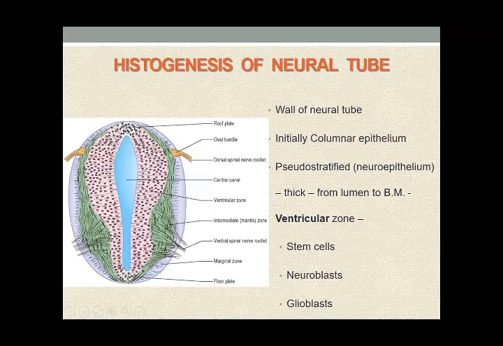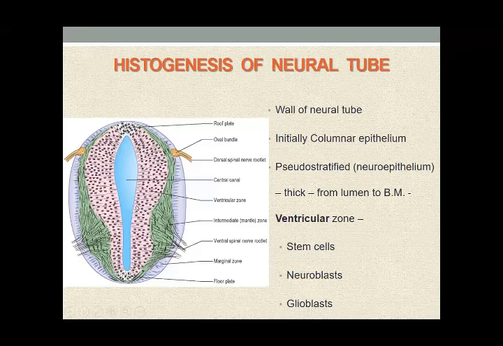This neural tube has this lumen. This is the central canal. The lumen inside the neural tube is the central canal. This is the wall of the neural tube. You can see the dots, the nuclei, inside the wall.